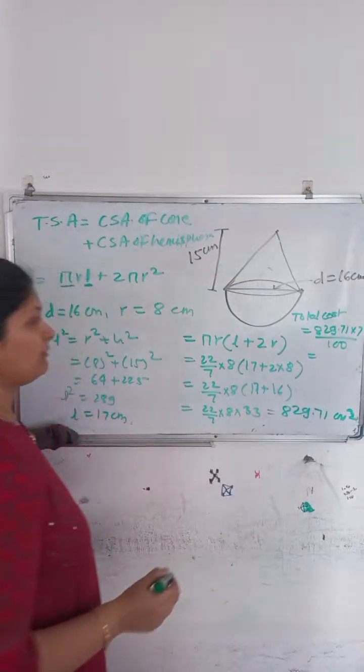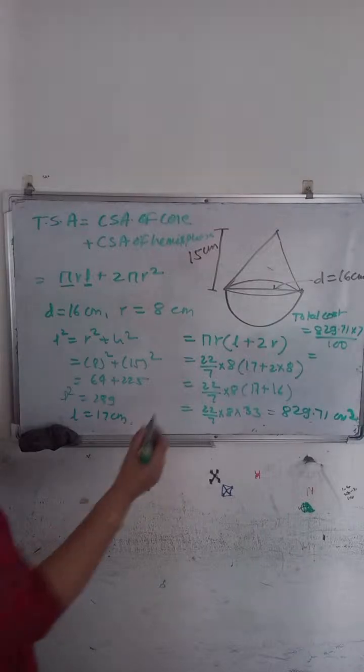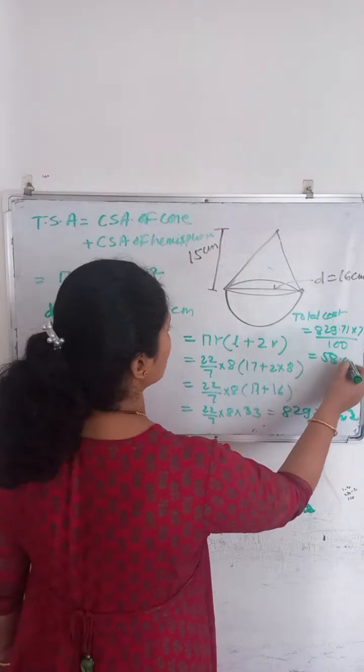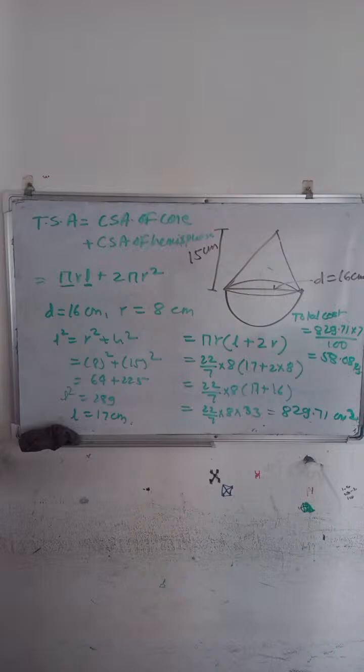If you divide and simplify, you will get the answer as 58.08 rupees. This is the cost of painting you will get. In this way you have to calculate the answer. This is a total 3-mark question. Solve it properly.